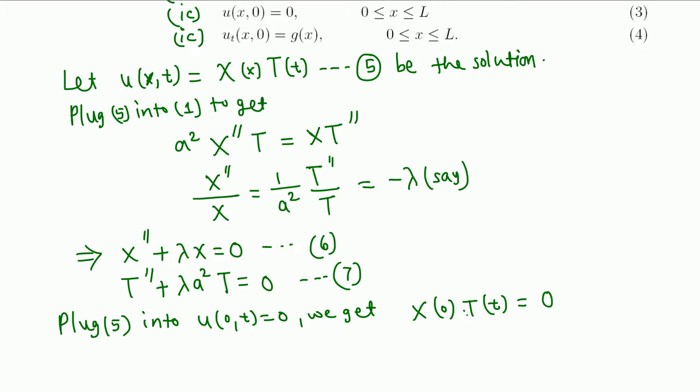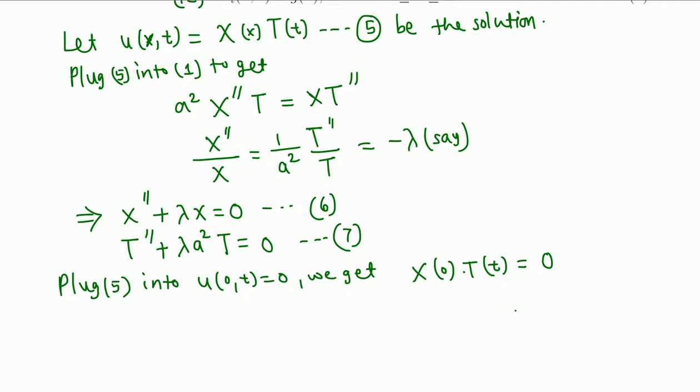So we have a product of two things equals 0. Using the basic zero factor property, that implies either X(0) equals 0 or T(t) equals 0 for all t. But T(t) equals 0 makes 5 zero. That means we get a trivial solution, so that cannot happen. So X(0) equals 0. Now if we use the second boundary condition, similarly X at the other end L equals 0 as well.